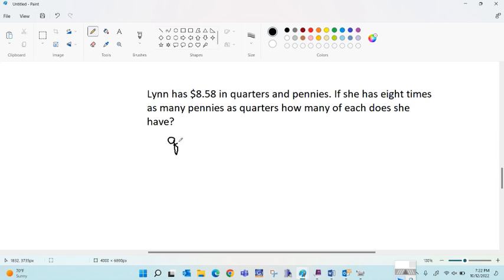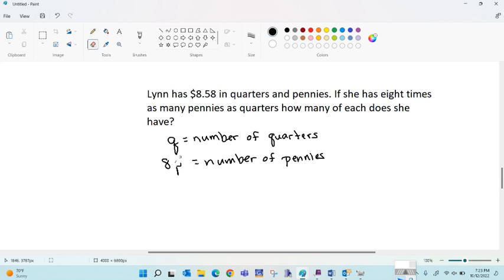So we're going to say Q is the number of quarters, and the number of pennies is 8 times the number of quarters.